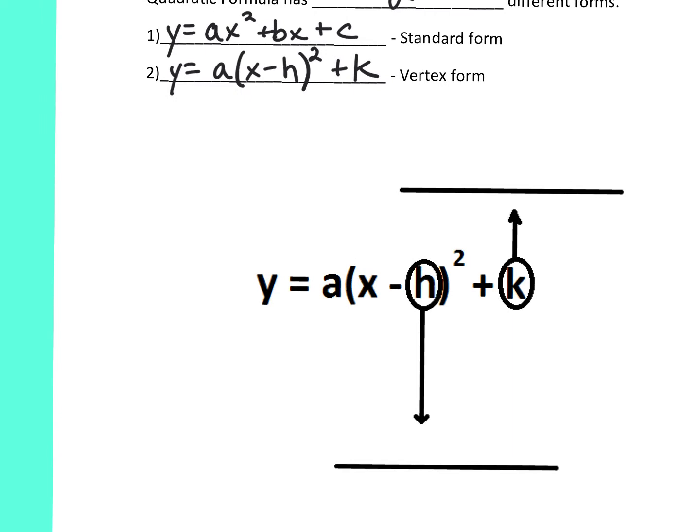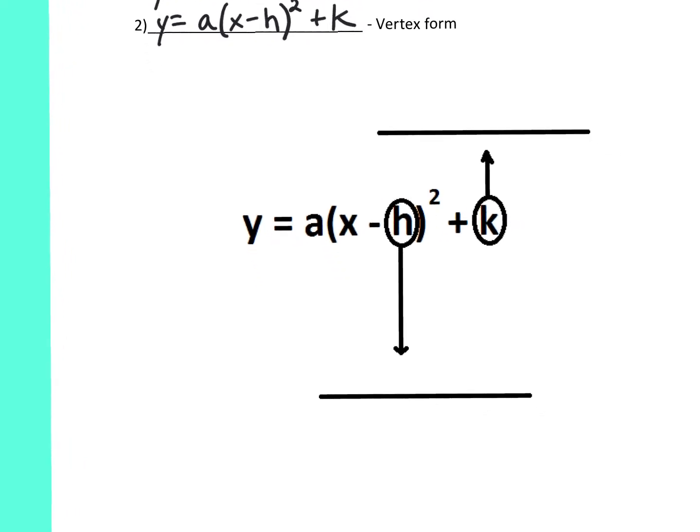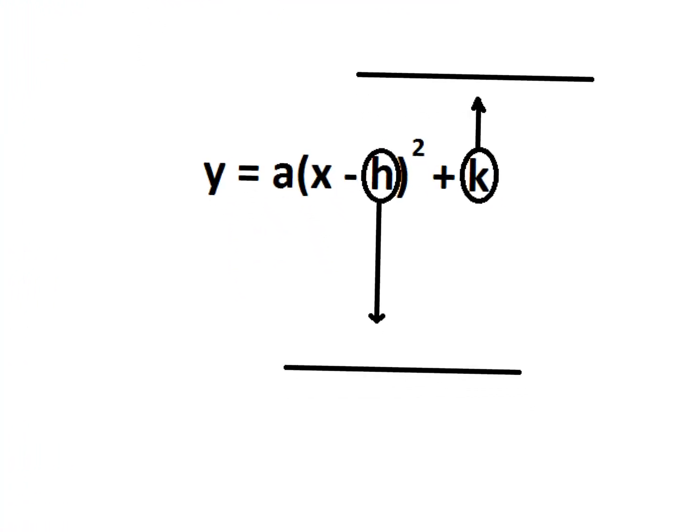So the first one is H, okay? If you notice, the formula says x minus h, right? Okay, so h is one of those variables that is a little deceiving. If h looks like it's negative, it's actually going to mean to go right instead of left.